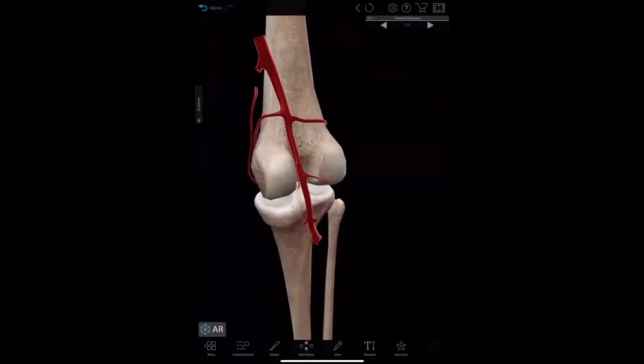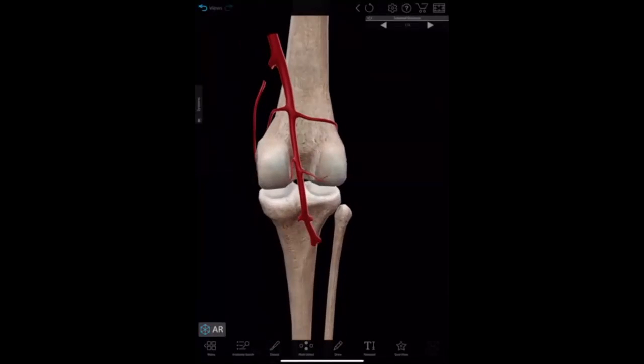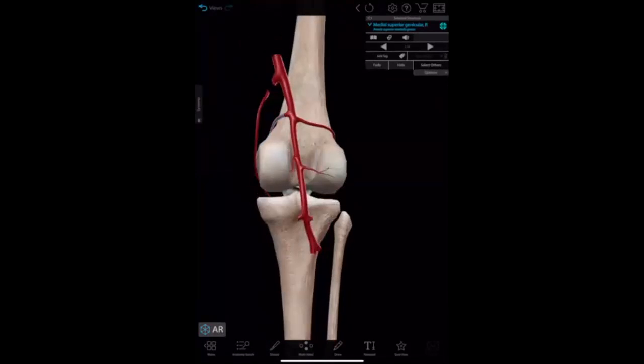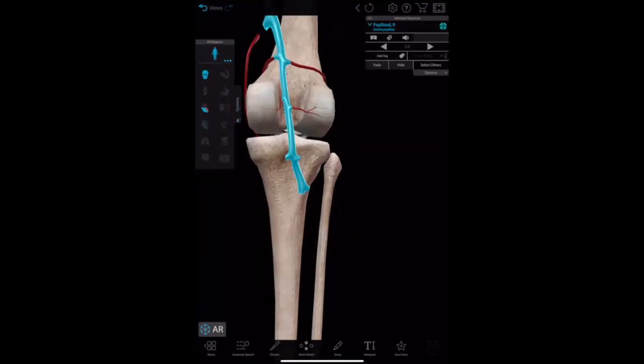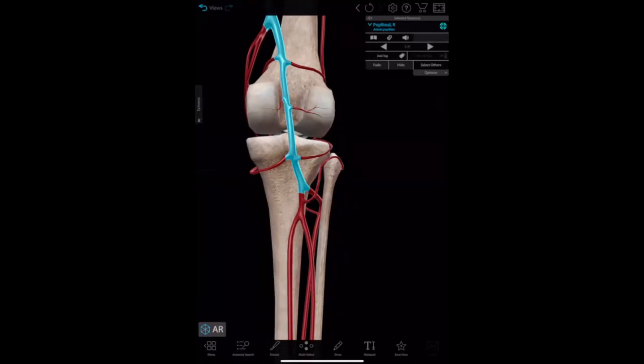So you see, these are the branches. Okay, these are the sural arteries, and again these are the stems of inferior genicular arteries, right. You see, those are the inferior genicular arteries, right.